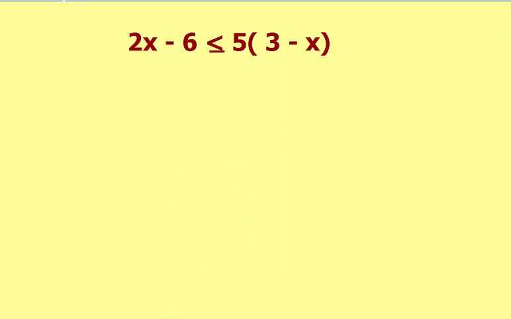Now let's look at this one. It's going to be 2x minus 6 less or equal, let's remove our bracket now. 3 times 5 is 15. 5 times x is going to be negative 5x.